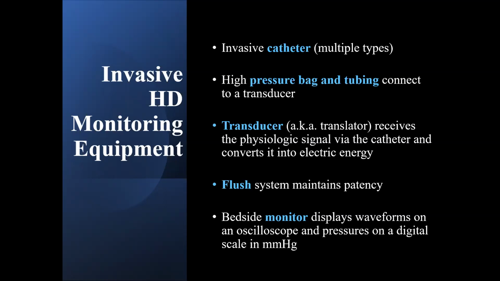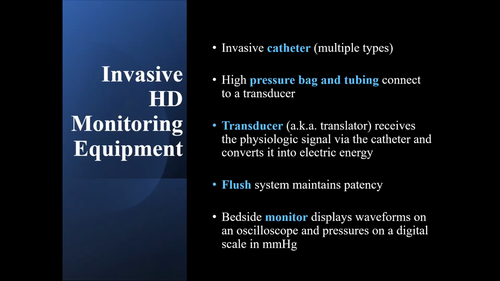Okay. Now we're going to get into some other types of hemodynamic monitoring. If you remember this morning, you had some IVs set up and you had a pressure bag set up. So we're going to talk about those different things. One is you need an invasive catheter. Our patient had a triple lumen in the subclavian and an art line in the brachial.